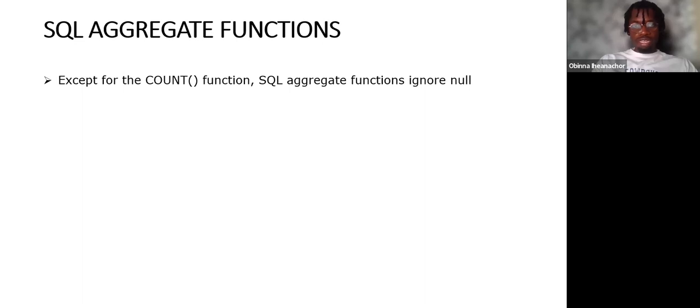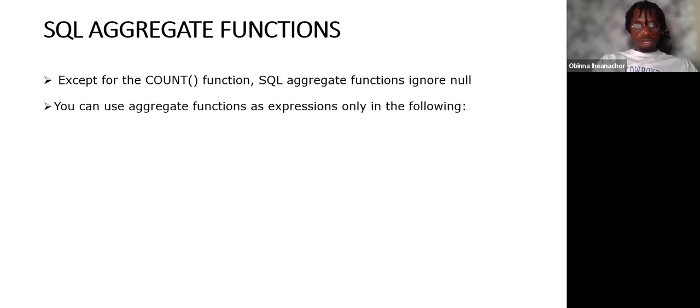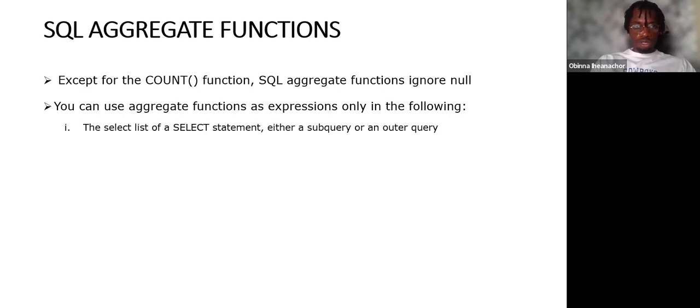Like there was no attempt to make any sale, or the value is just not present, right? So it depends on the context. Nulls can be used in different ways, but null and zero are very, very different, not the same thing. So you have that in mind. Then you can use aggregate functions, right, as expressions in the following situations.